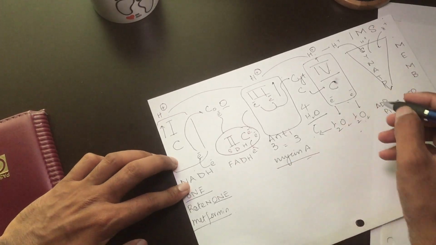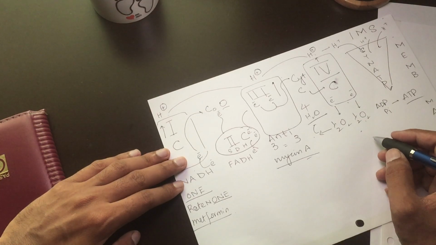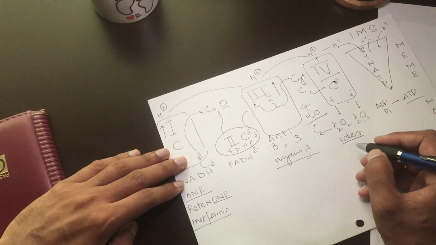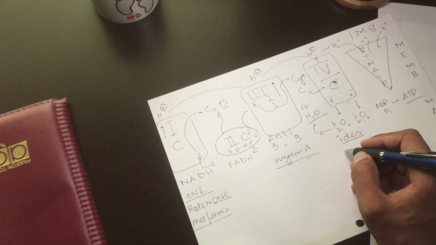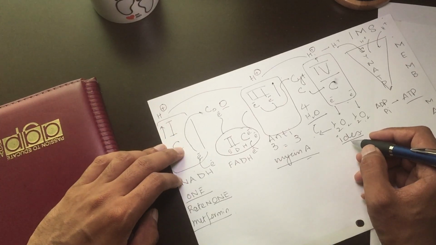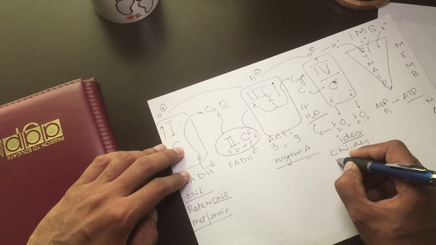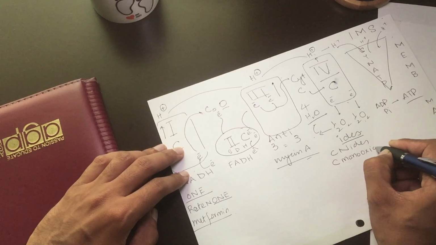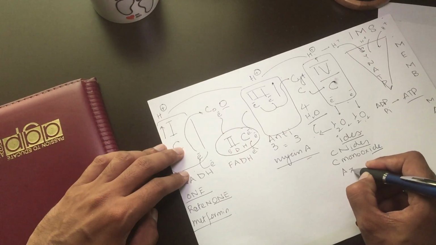The next is complex 4. Complex 4 is inhibited by the compounds ending with the suffix ide. So we have cyanide, we have carbon monoxide, and then we have the azides.